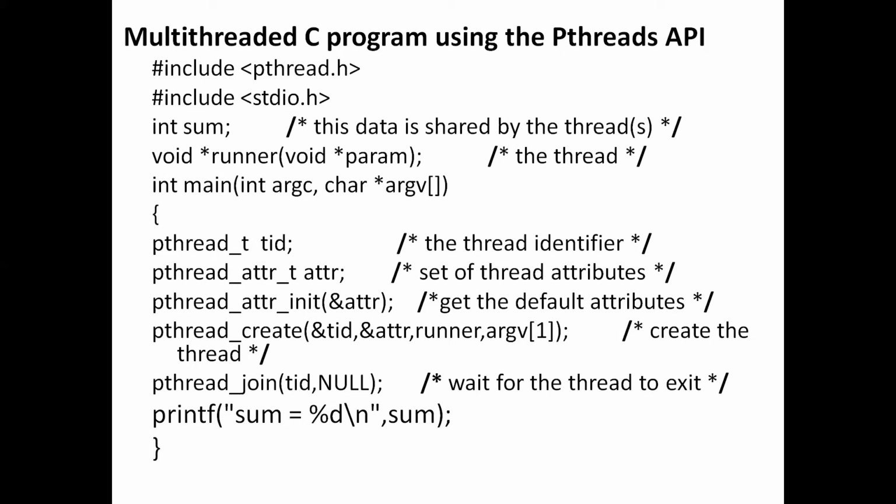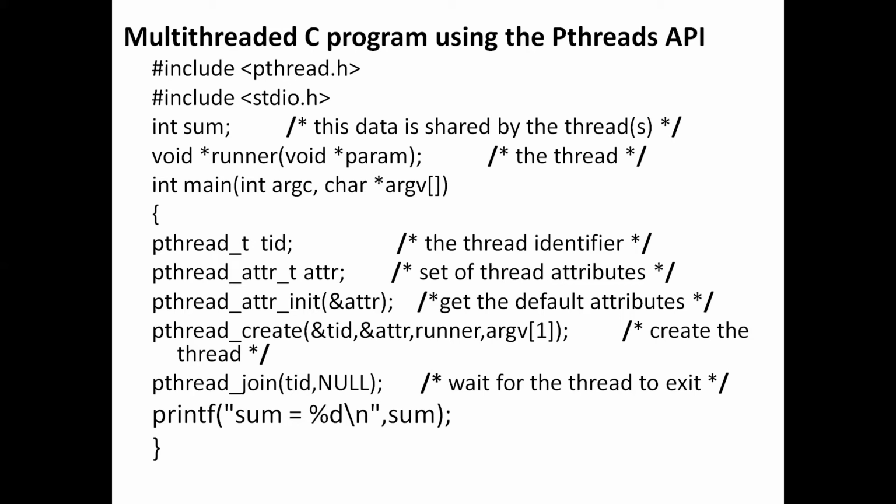Attr is nothing but the thread attribute. We pass the thread attribute here to get the default attributes for the thread. Here init specifies initialization. In order to set the attributes for the thread, we use this statement.